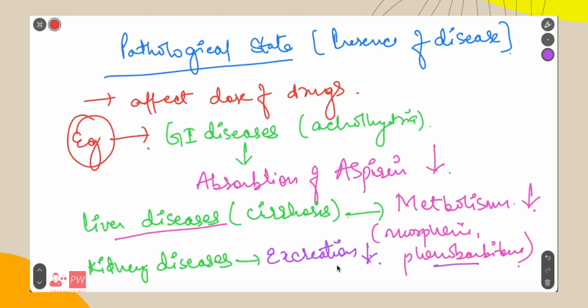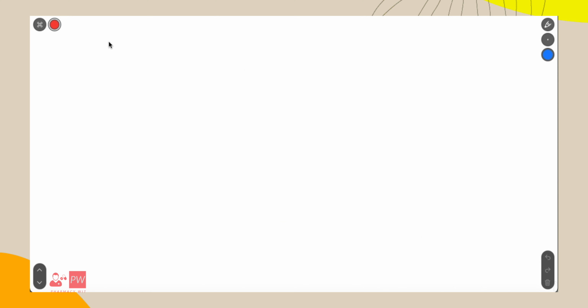In patients with kidney diseases, the excretion of these drugs is reduced, so a smaller dose of the drug should be administered to that patient.